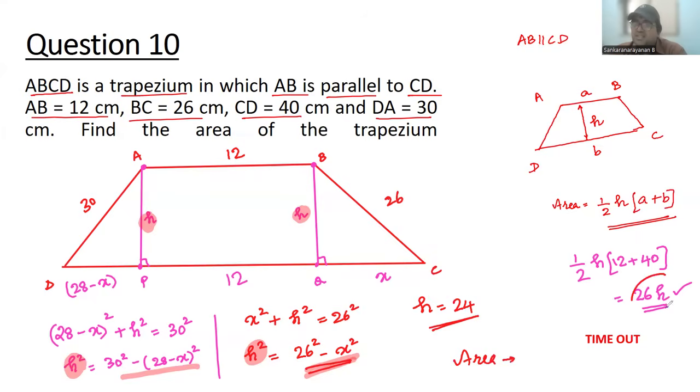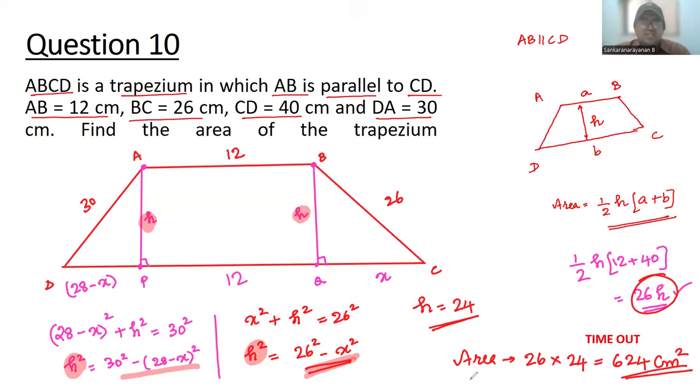I've already said this, 26 into H. So it is basically 26 into 24 you have to do. And the area of the trapezium will come here as 624. Since everything is given in centimeters, I can say centimeter square. That is going to be my final answer.